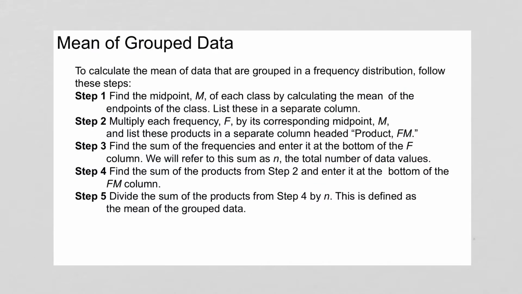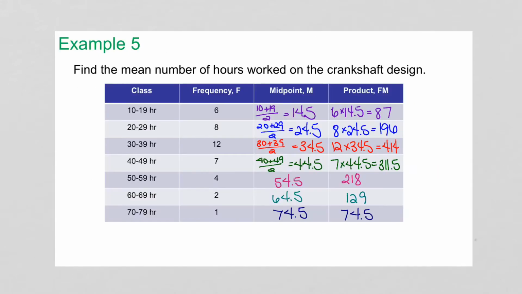Third, find the sum of the frequencies. Then find the sum of the products from step 2. So we're going to add 87 plus 196 plus 414 plus 311.5 and so forth, and get the sum to be 1,430.